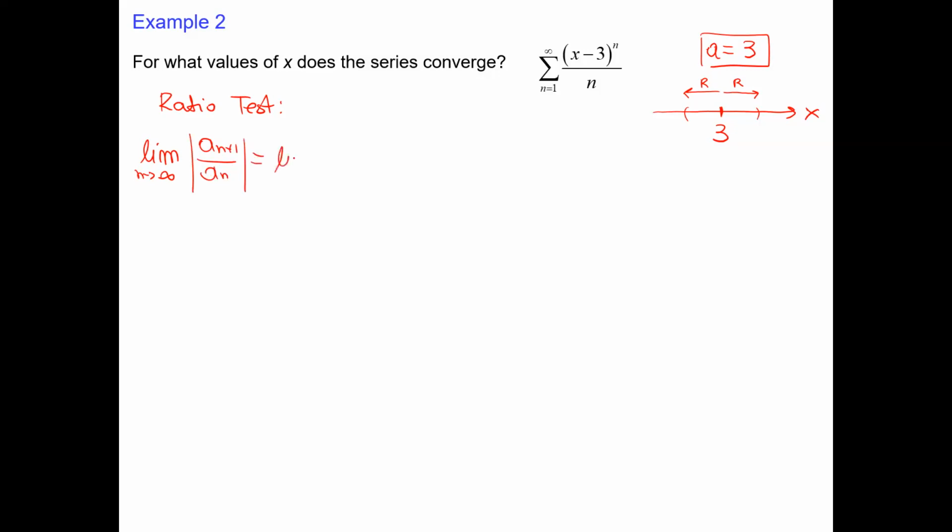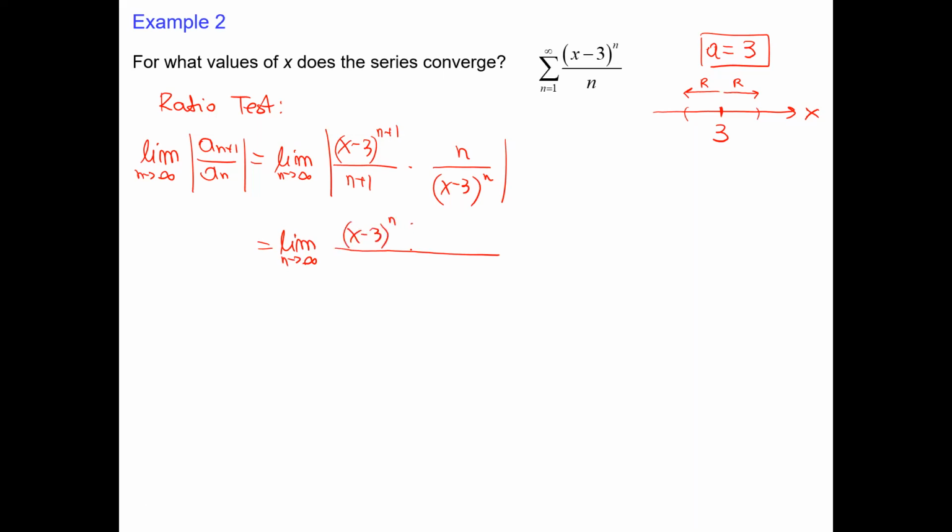I know that you are fluent with the ratio test, and it's one of the favorites. (x minus 3) to the power of n plus 1 over n plus 1, and dividing by a sub n means multiplying by the reciprocal. Actually, I can rewrite one more time: (x minus 3) to the power of 1 times n plus 1, over (x minus 3) to the power of n.